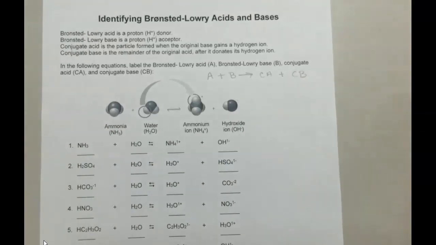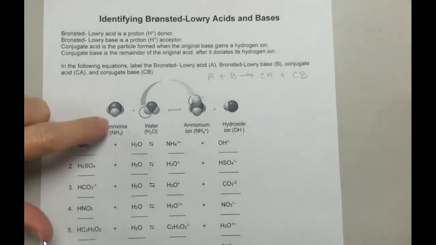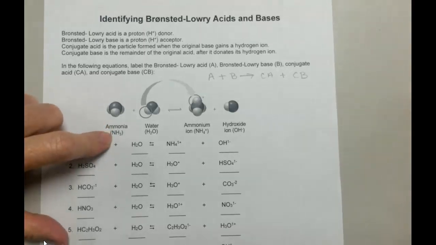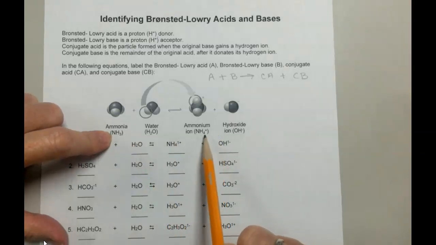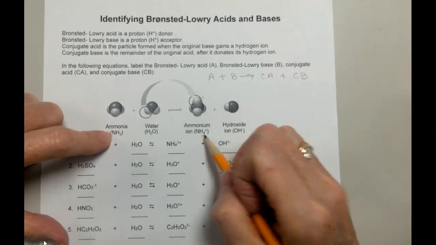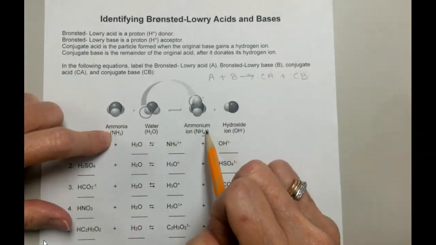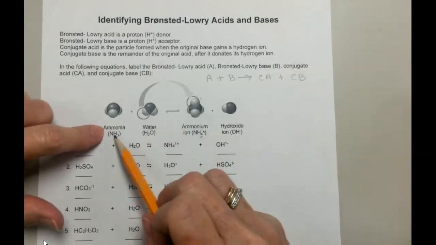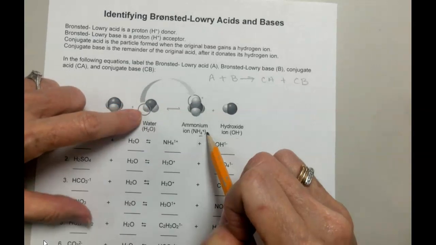All right, so let's look at this. Who gave away a hydrogen? Well, I've got this ammonia here, he's NH3, and then I go and look for him on the other side of the arrow. And what do I find out? Oh, it says he's NH4. So he's gained a hydrogen. But who did he get it from? Well, ammonia can't give itself a hydrogen, so it had to come from this water.